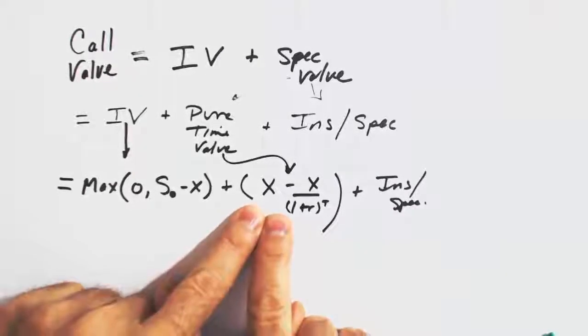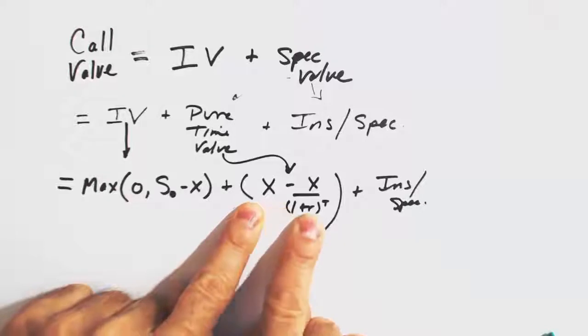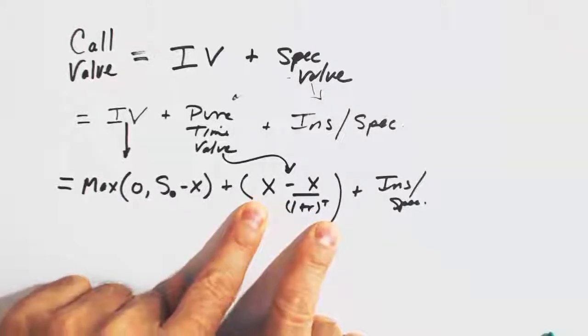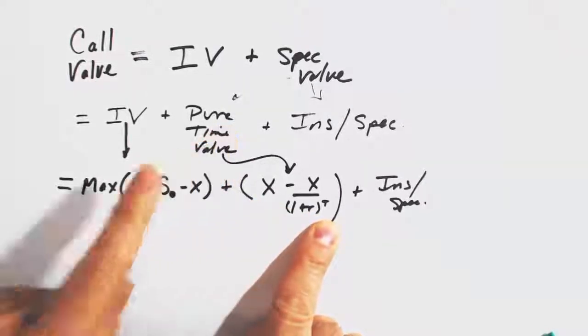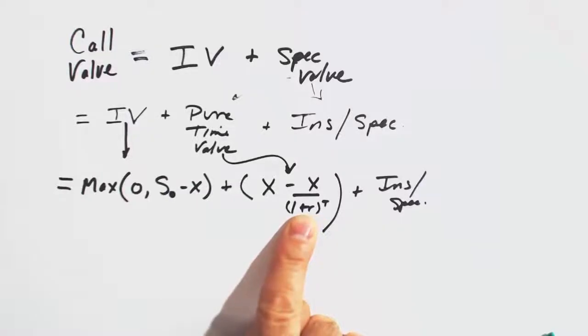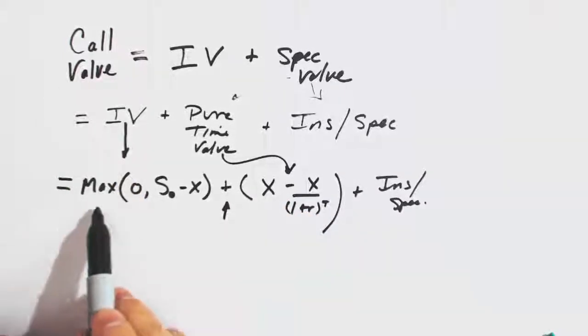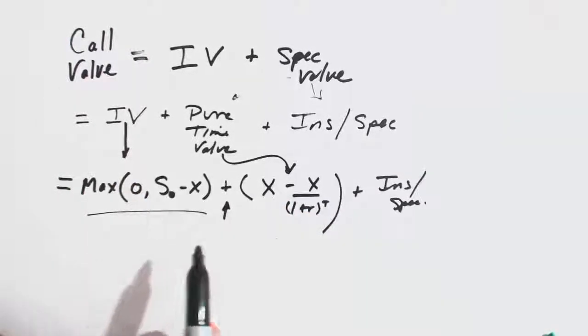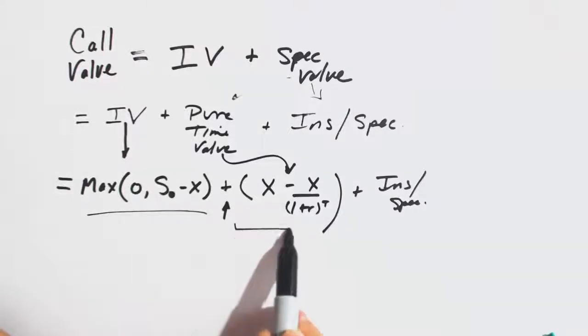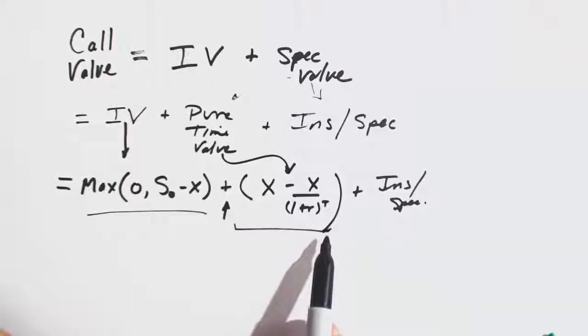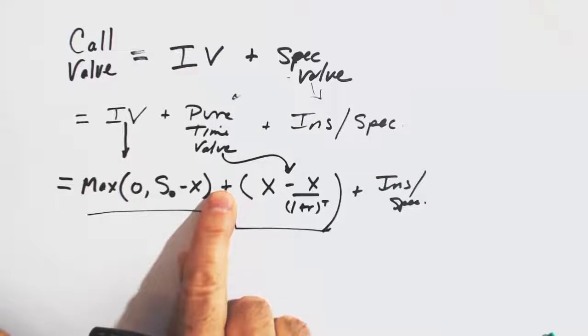So this pure time value of money only accounts for literally the time value of money, which is why I call it the pure time value of money breakout here. And notice, and this will be important later on, that the value of a call is made up of its intrinsic value and this pure time value of money component, and it's a positive right here.